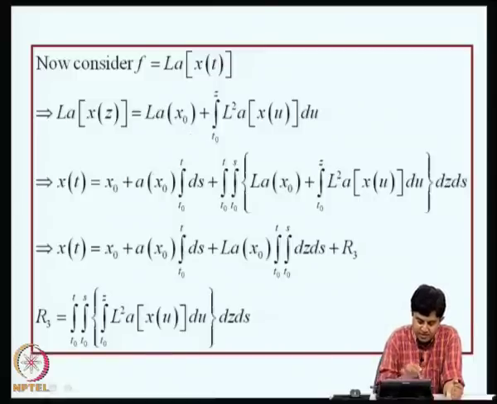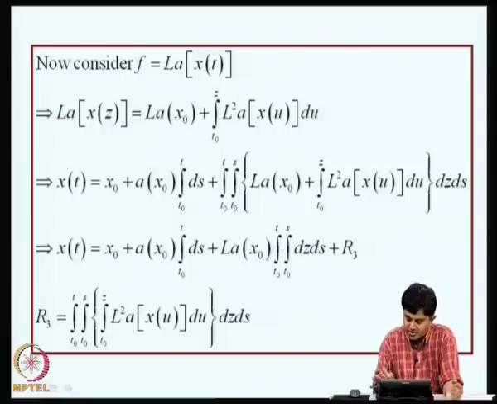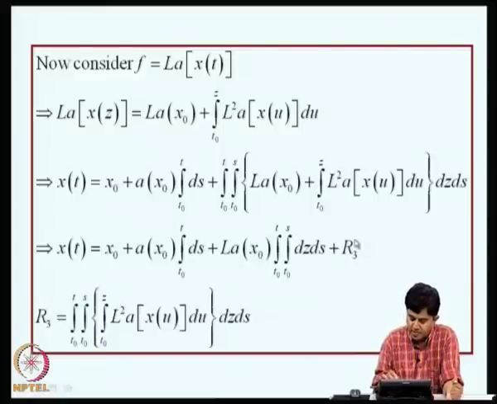So, this I can substitute in x of t, and if I repeatedly do that, I will get now at this stage x of t is x naught plus a x naught integral t naught to t ds plus this triple integral, and that can be simplified, and I can write it as x naught plus a x naught integral t naught to t ds plus L a x naught into this double integral t naught to t, t naught to s, dz ds, plus a remainder term R3, which is this integral.